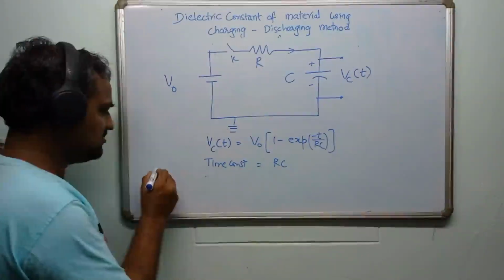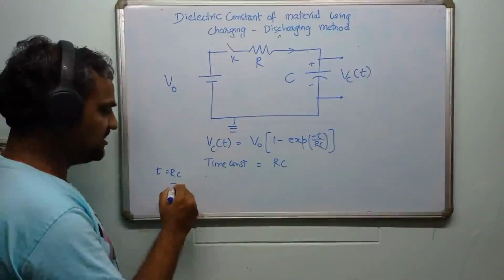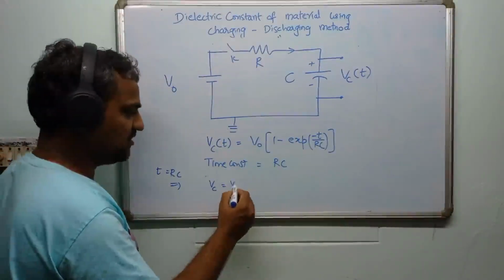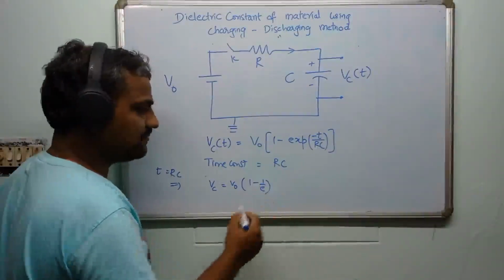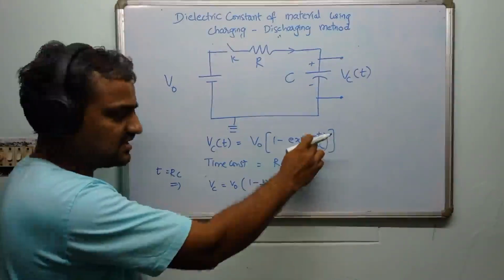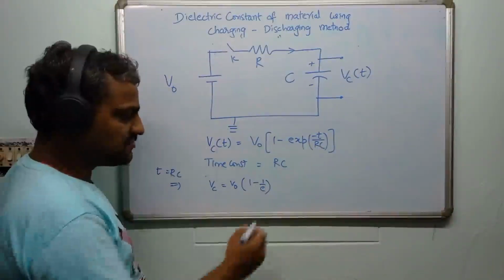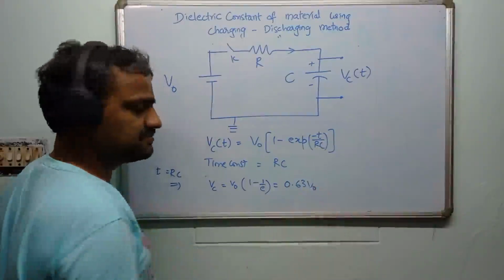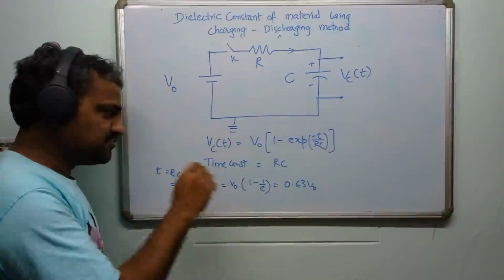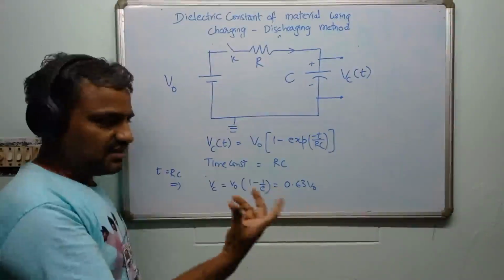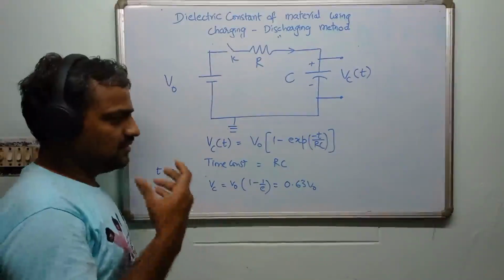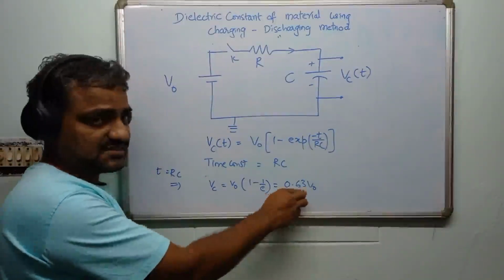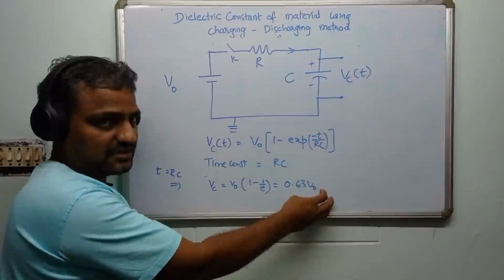So when you put t equal to RC here, it gives Vc equal to V0 times (1 minus 1 by e). The moment you put t equal to RC, this is cancelled and it is 1 by e. So 1 minus 1 by e, if you calculate, is going to be 0.63 times V0. It means this specific time constant is the time, starting from 0, at which the voltage across the capacitor becomes 63%, that is 0.63 of the maximum voltage applied to it.